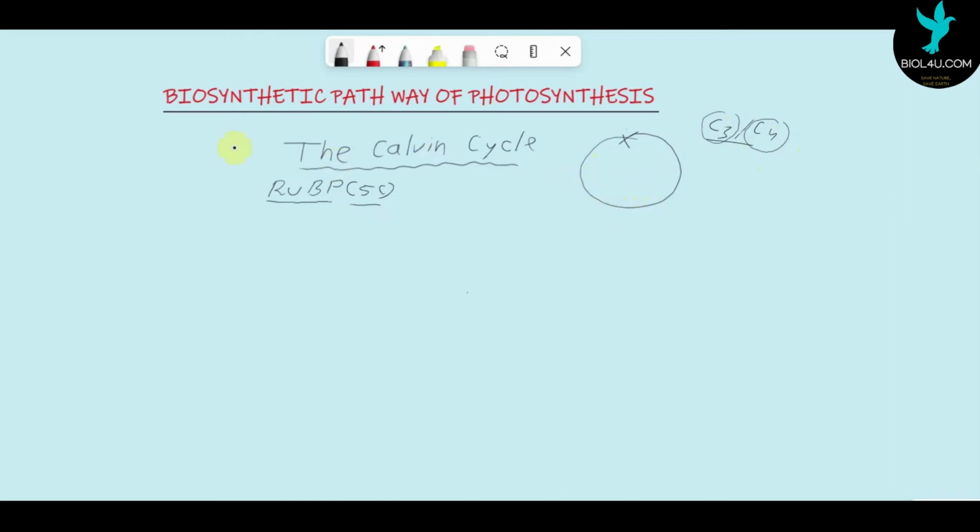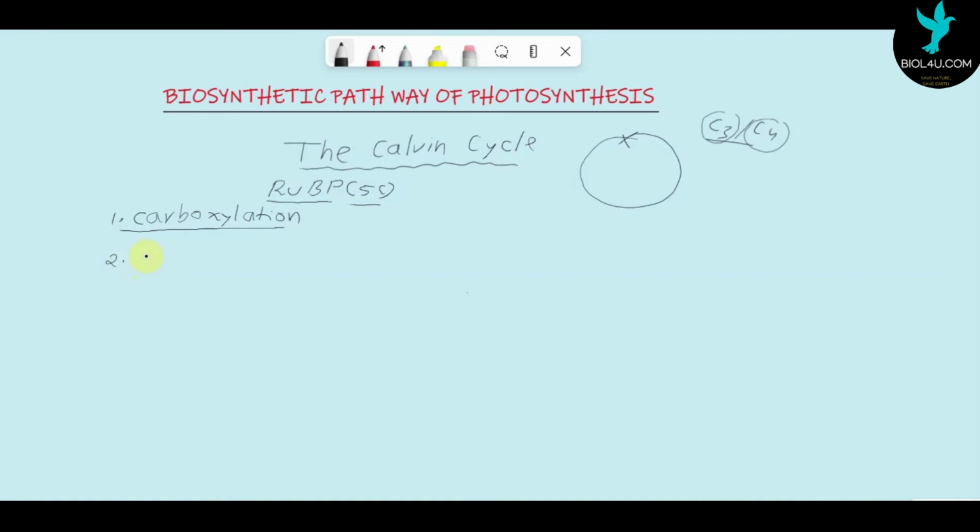For easy understanding, we can divide the Calvin cycle into 3 phases. Phase number 1 is known as carboxylation. Carboxylation means addition of carbon dioxide, so a molecule becomes carboxylated. That is the first reaction.